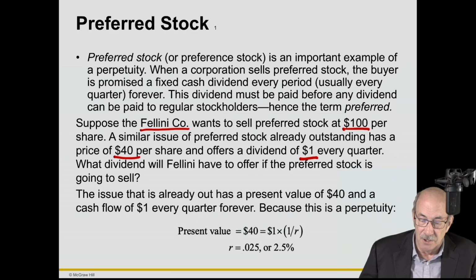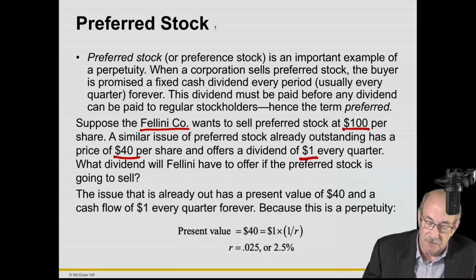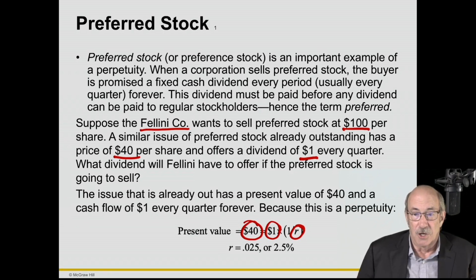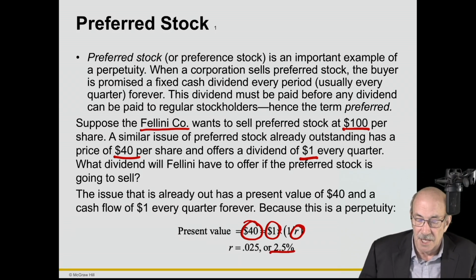So down here, we're doing the calculation. We've got $40 here in terms of the value. Here is the cash flow, and we're dividing it by R. In this case, we're looking for R, so we leave that as the unknown. We shuffle things around a little bit, and we find that R is 2.5% quarterly, or 10% annually.